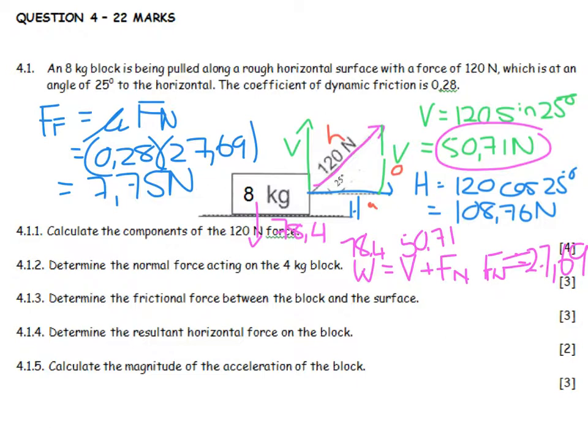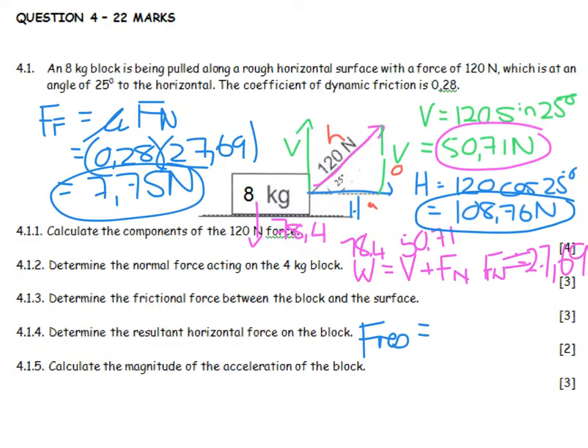I can now work out a resultant horizontal component. I've got 108,76 moving to the right, 7,75 moving to the left, so the resultant horizontal force is going to be 108,76 minus 7,75, and that turns out to be 101,01 newtons. Now, that is your resultant force that actually causes motion.